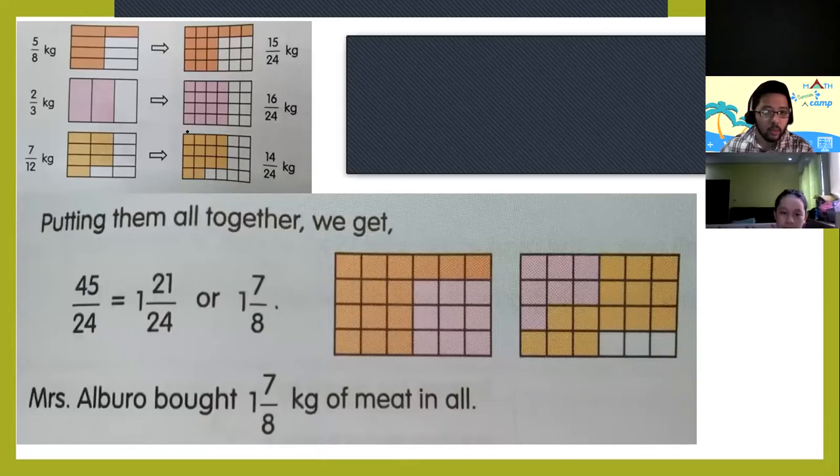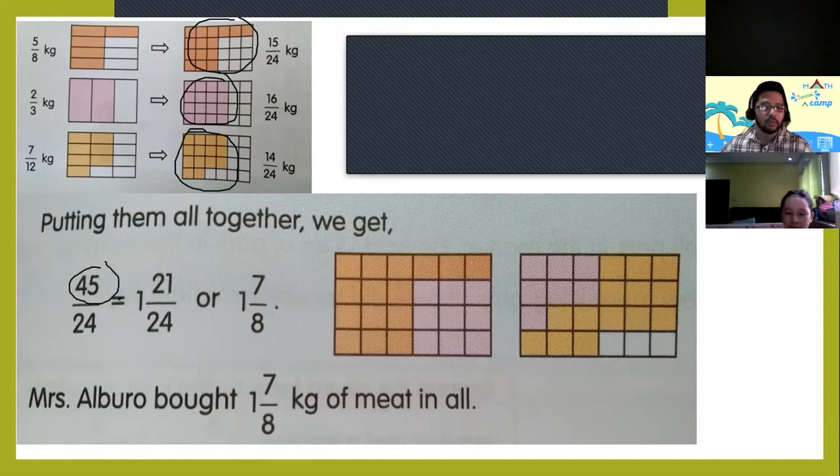mga small squares na yan, I mean, you can try adding it if you like, pero parang medyo nakakapagod. Ang mangyayari dyan, 45 all in all. All this, you add this with this, you add them with that, you will get 45 over 24. And then, ang ginawa niya lang, yung improper fraction, they turned it into a mixed fraction.